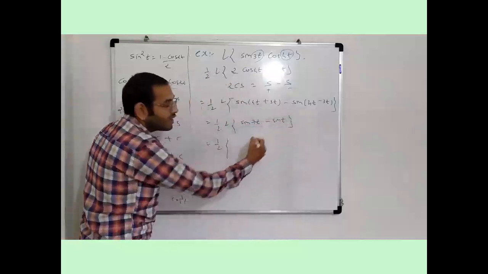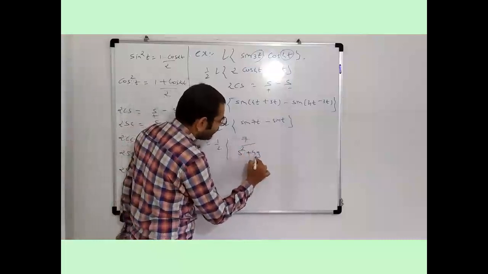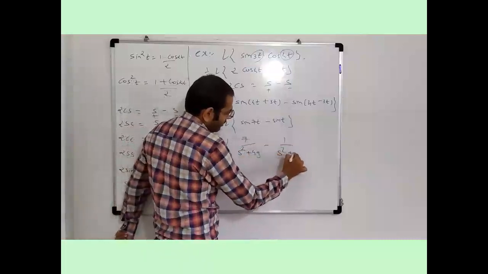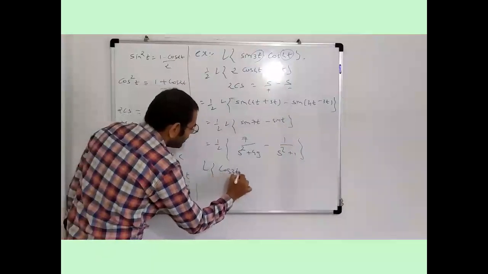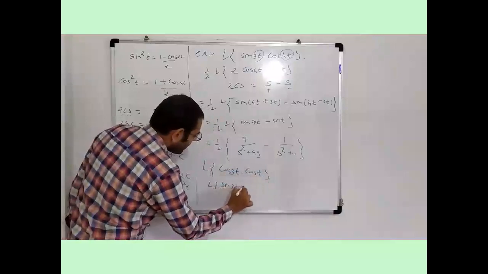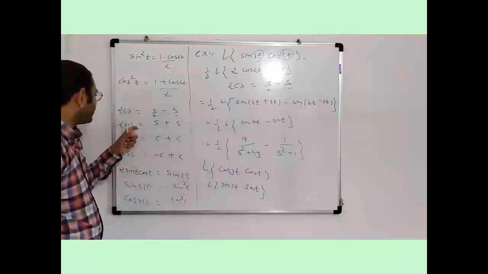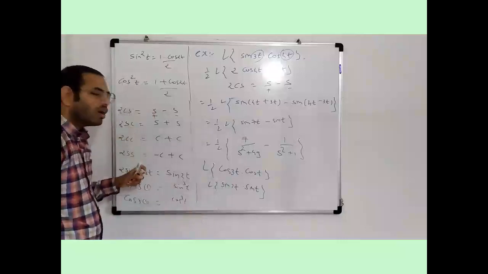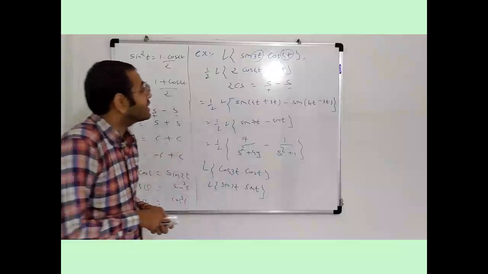Then taking individual Laplace, 1/2 of 7 upon s square plus 49 minus 1 upon s square plus 1. Similarly, you can solve cos 3t cos t, sin 3t sin t. For such examples you can use the 2cc, 2ss formulas, cos of the sum plus cos of the difference.